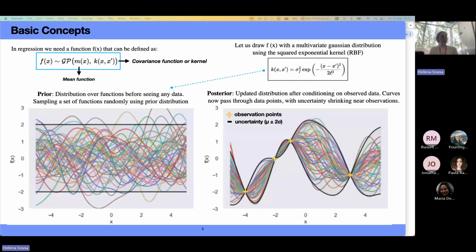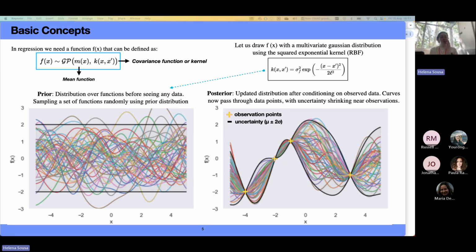Now if we look at it from a regression task point of view using Gaussian processes, our goal is to find this function f of x that describes our data. Instead of assuming a fixed parametric form, for example a polynomial or a line, we can take a probabilistic approach and assume that f of x itself follows a Gaussian distribution.